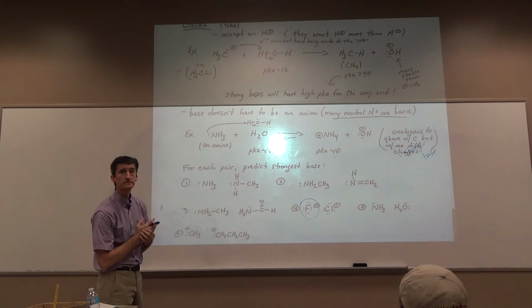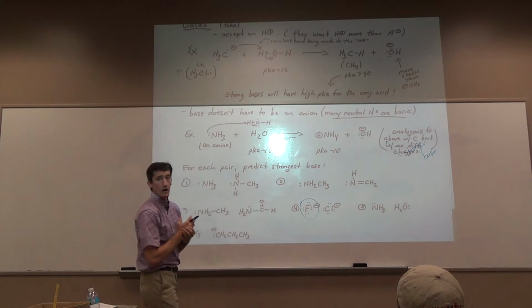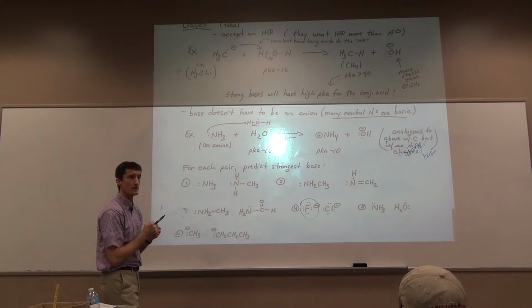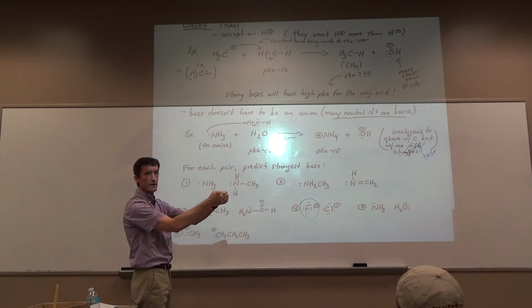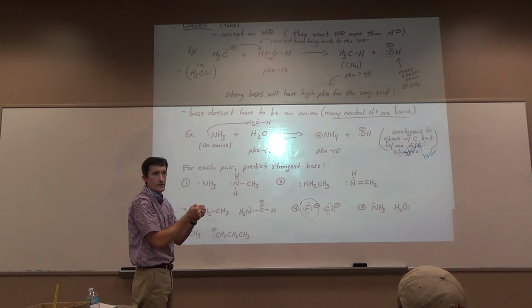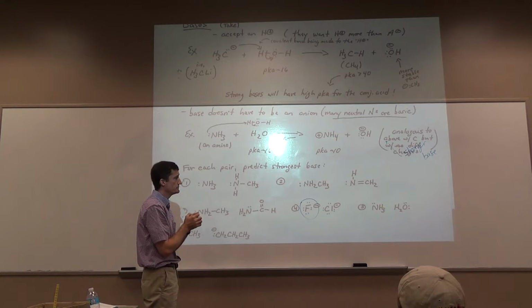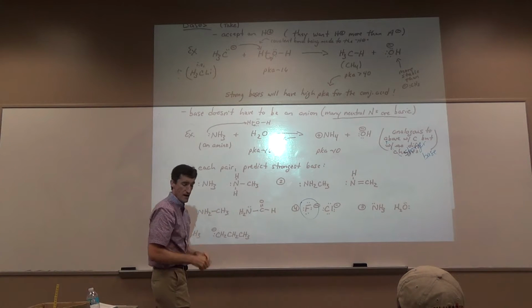What does that mean? More stable. It means it holds its electrons tighter. I'm an oxygen. Here's a lone pair. I hold it tight. Why? Because there's attraction. I have more protons. Here's a nitrogen lone pair. Well, the nitrogen doesn't hold it as tight.